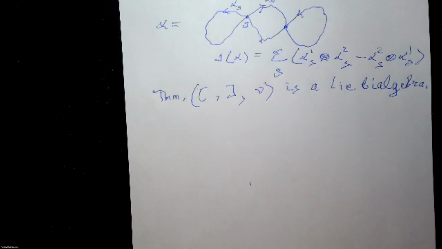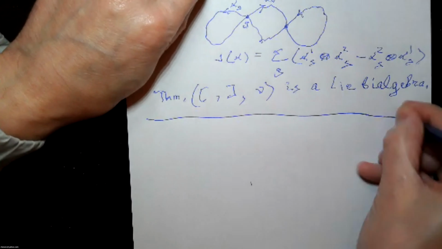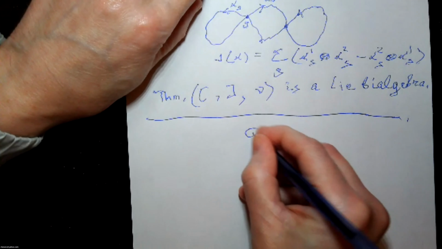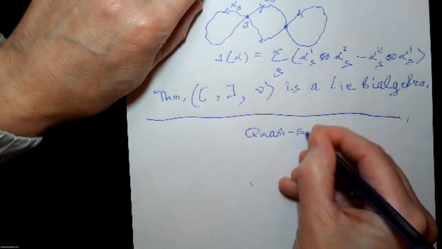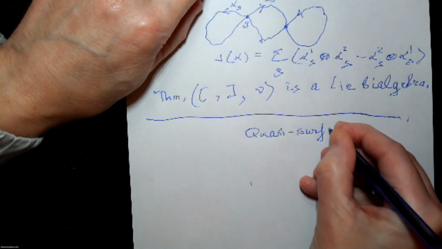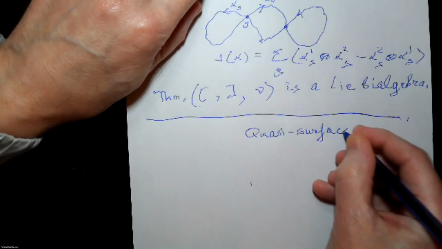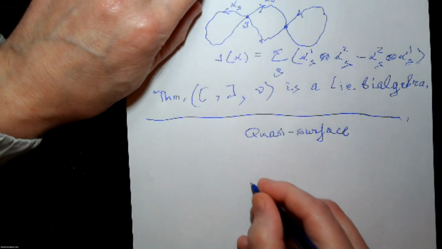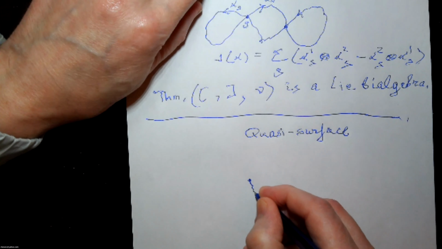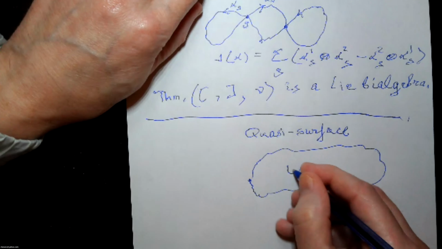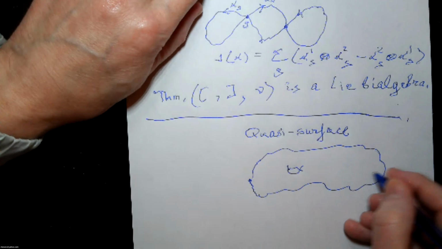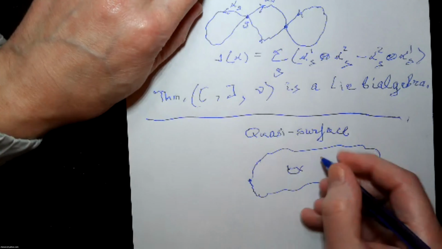Now I got interested in so-called quasi-surfaces. What is a quasi-surface? Again, you take a surface. So, for example, that's a surface. Now that's a boundary.